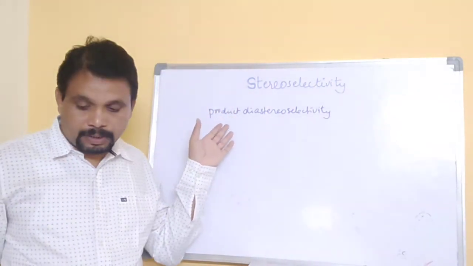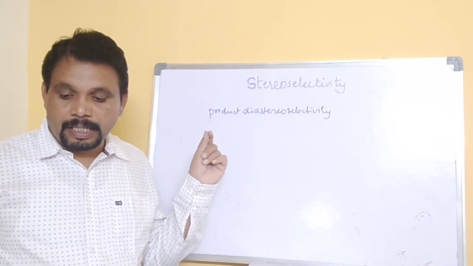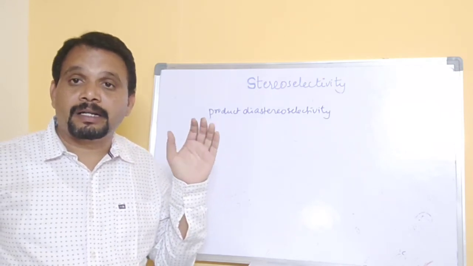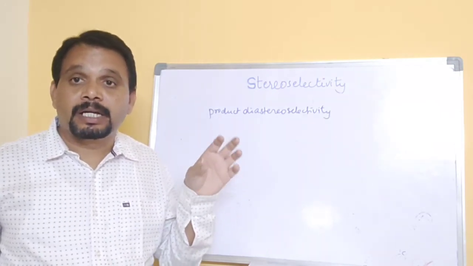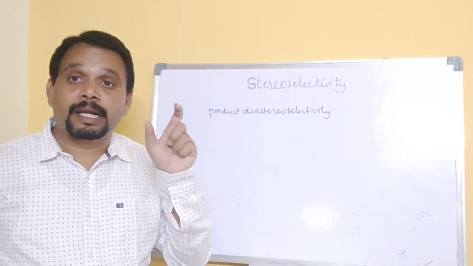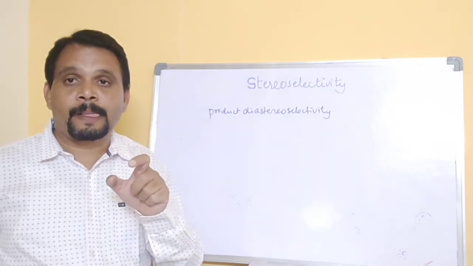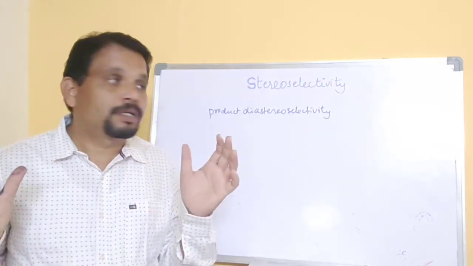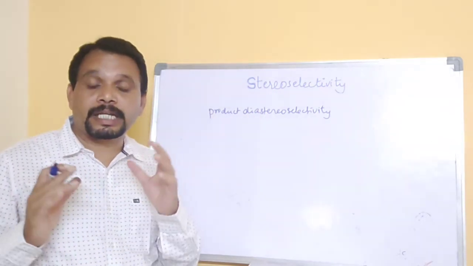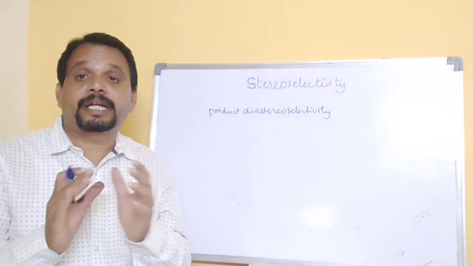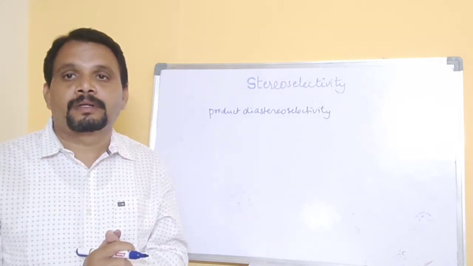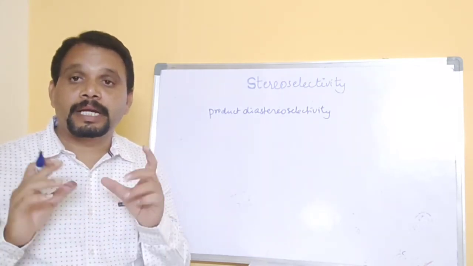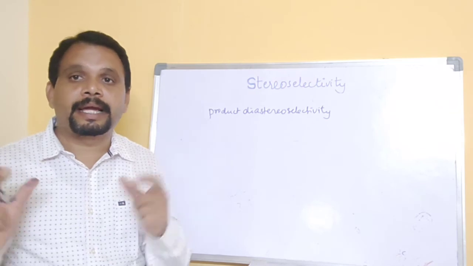In product diastereoselectivity, the reactant or substrate requires diastereotopic ligands and phases. If you want to carry out product diastereoselectivity, the substrate must have diastereotopic ligands and phases.